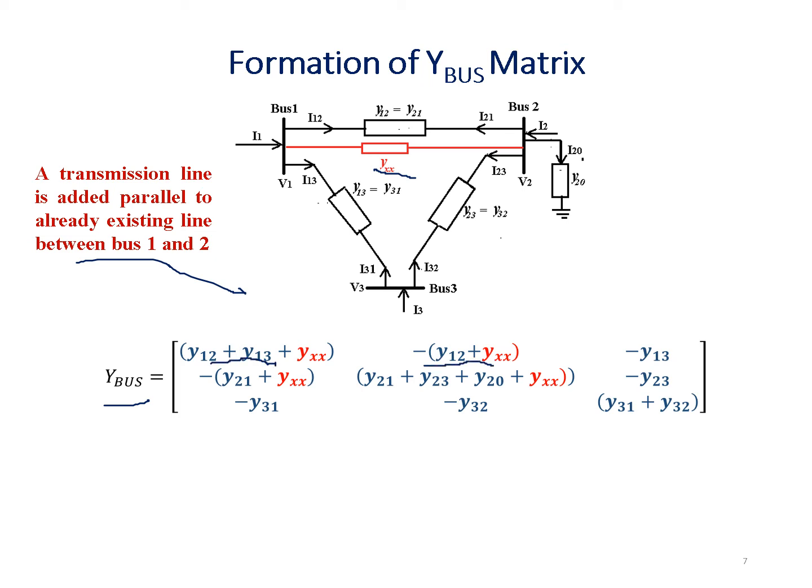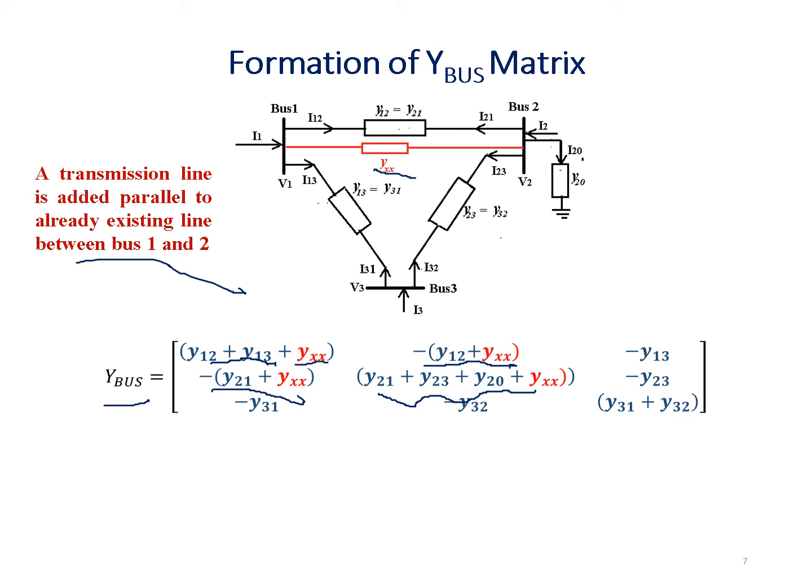Y11, Y12, Y21 and Y22. So the new line connected parallel to the existing line between bus 1 and 2 modifies the elements 11, 12 and 21, 22 in this way, just as we connect it to the existing system.